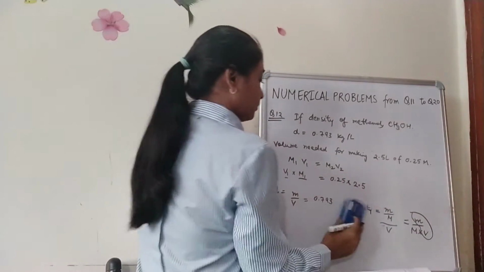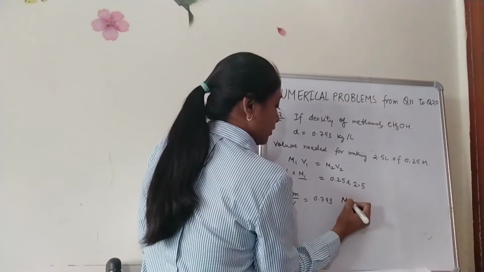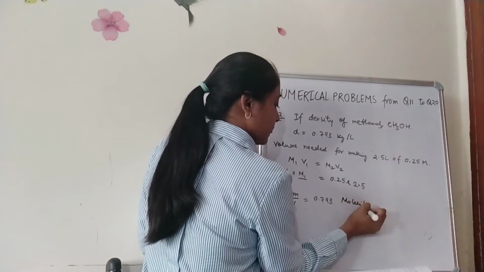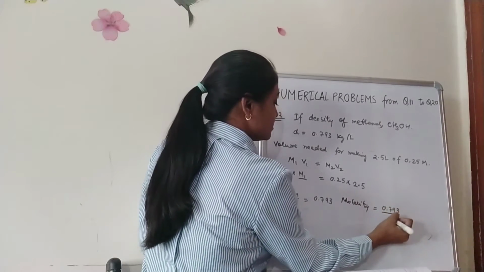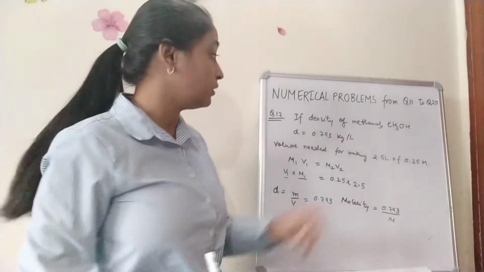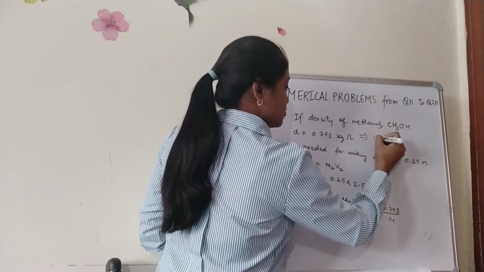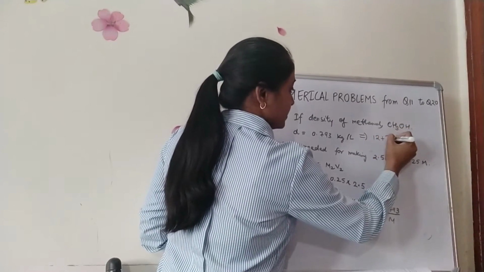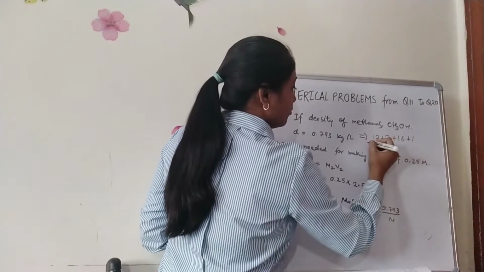So molarity is equal to 0.793 divided by molar mass. So we can calculate the molar mass of CH3OH here. So what will be the molar mass? For carbon it's 12, for hydrogen it's 3, for oxygen 16, and for hydrogen 1.